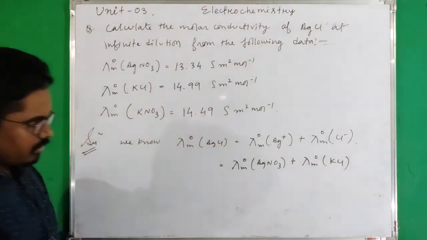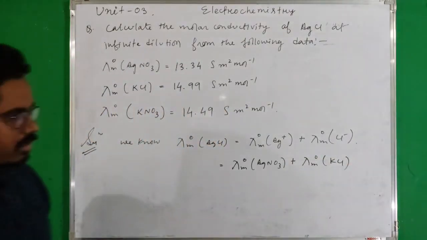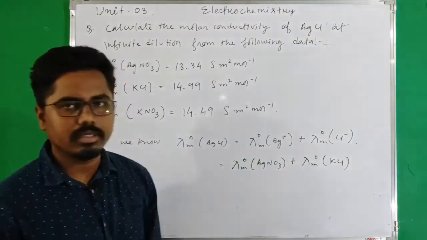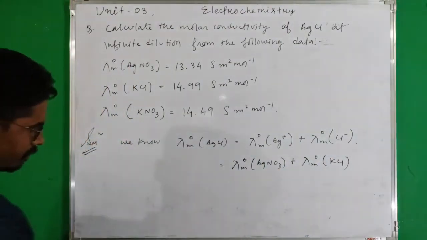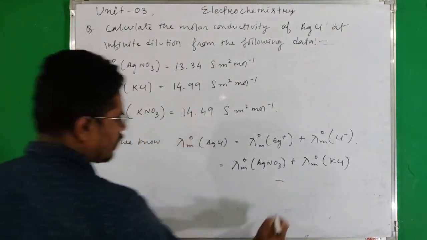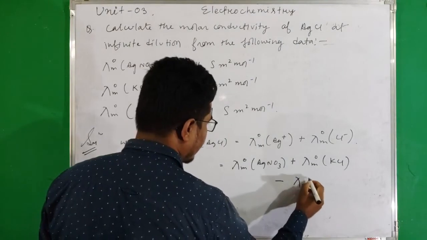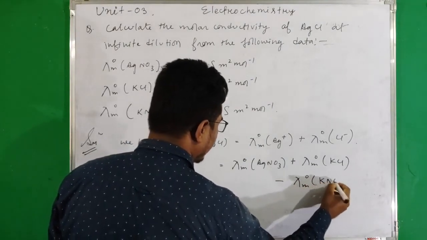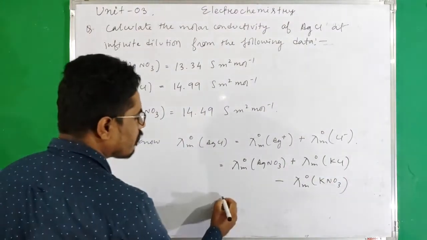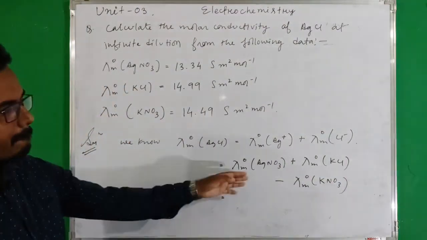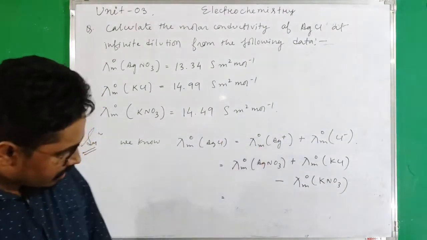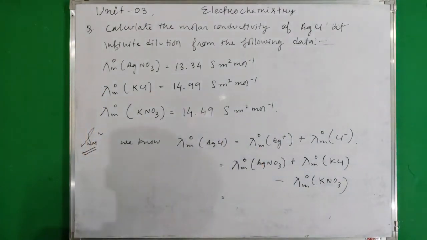Okay, so now we have some extra terms, that is NO3 negative and K positive. So to cancel them, we have to subtract the value of lambda m naught for KNO3. Okay, so when we break them, the final result will be this one. Now we will put their values.